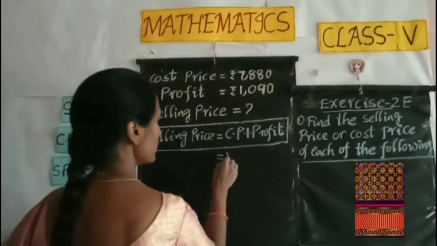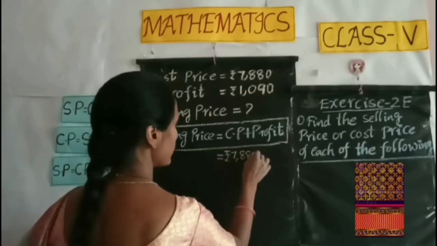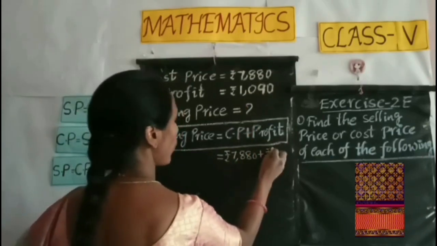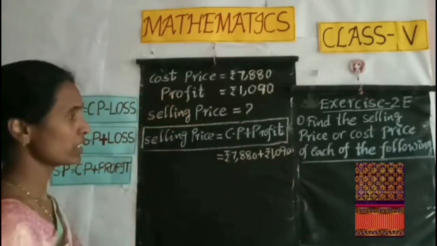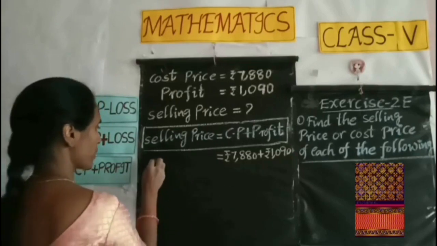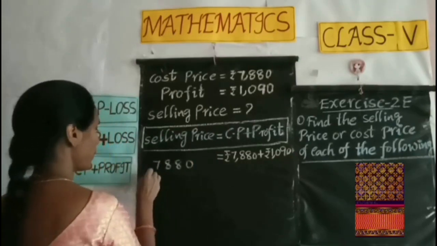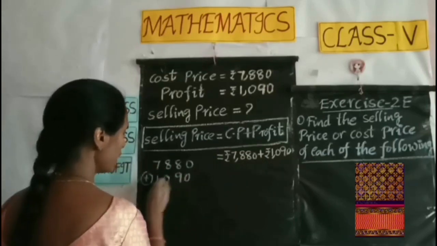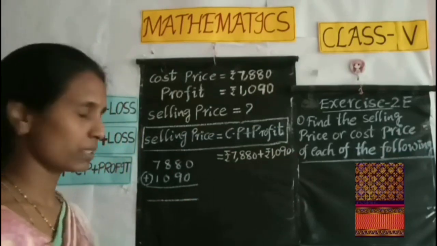So here CP is 7,880 rupees and what is the profit of the saree? 1,090 rupees. Okay, children, let us add 7,880 rupees plus 1,090 rupees.